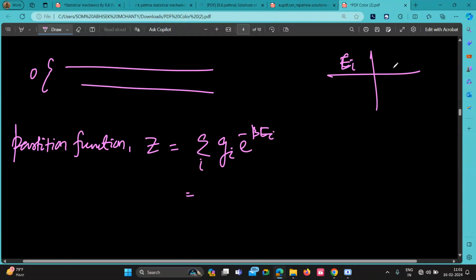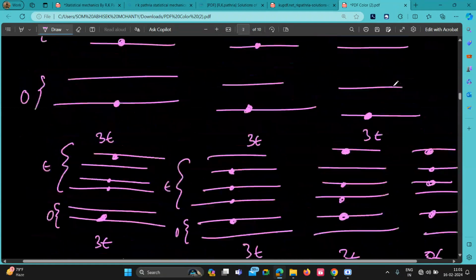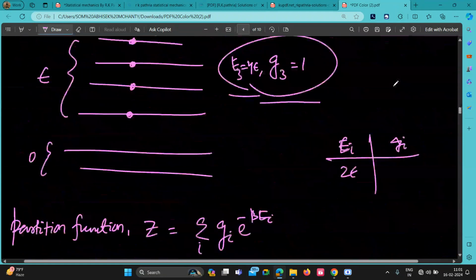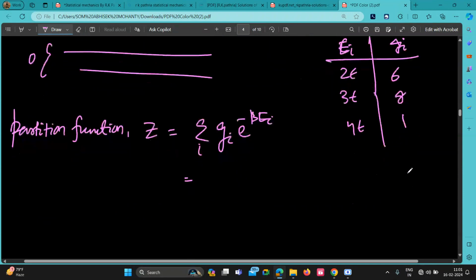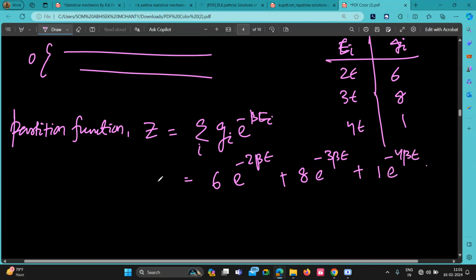E_i is 2 epsilon, and for 2 epsilon, g is 6. For 3 epsilon, g was 8. For 4 epsilon, there was only one state which could have achieved it. So Z is equal to 6 e to the minus 2 beta epsilon plus 8 e to the minus 3 beta epsilon plus 1 e to the minus 4 beta epsilon. So this is Z.